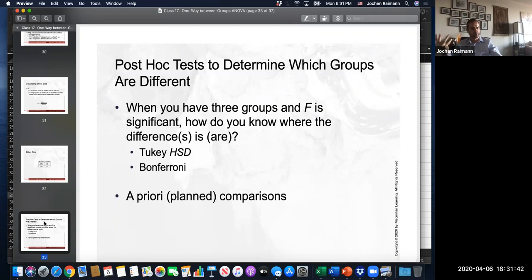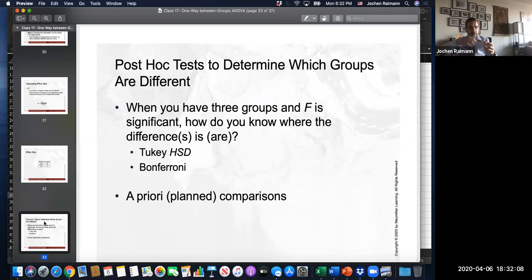So I have an a priori comparison already in the back of my head, and I will plan this out and add it to an analysis plan. Then after you did your ANOVA and found significant differences, you can do this a priori planned comparison. Secondly, what you can do is post hoc, which is also the a posteriori.